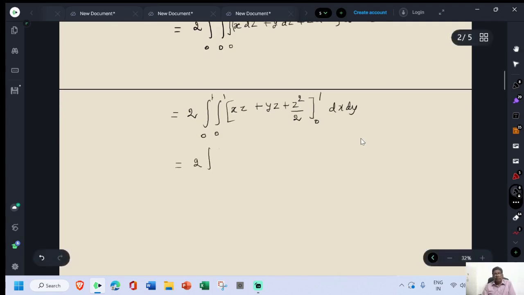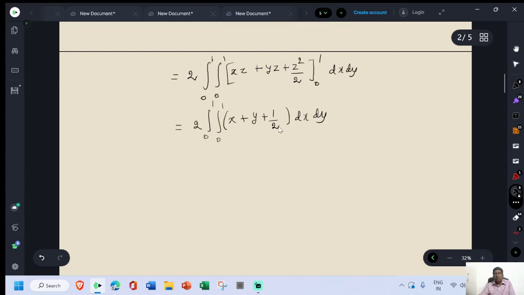Apply the value of z equal to 1, we can get x plus y plus 1 by 2 into dx into dy. Limit from 0 to 1, here also 0 to 1. If you apply the upper limit for z, you may get z equal to 1 for x, z equal to 1 for y, and z square by 2 gives 1 by 2. If you apply the lower limit, everything is vanished.